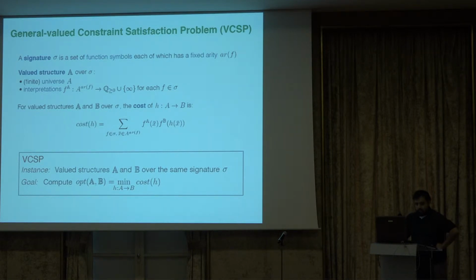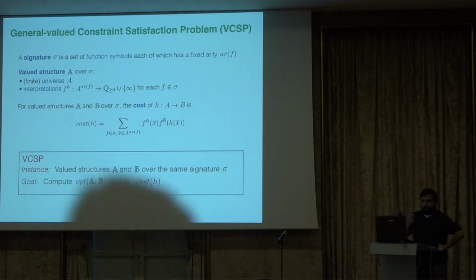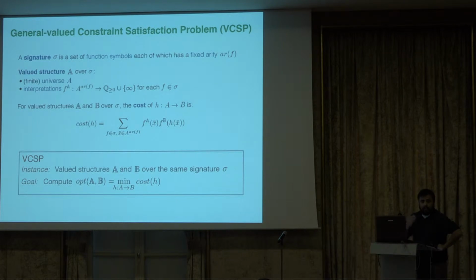For two valued structures A and B over the same signature sigma, the cost of an assignment h from A to B is defined as follows: it is the sum over all the possible symbols in sigma and all possible tuples of the same arity of the contribution of that tuple. This is the weight of the tuple in A times the weight that we obtain in B by mapping the tuple with h.